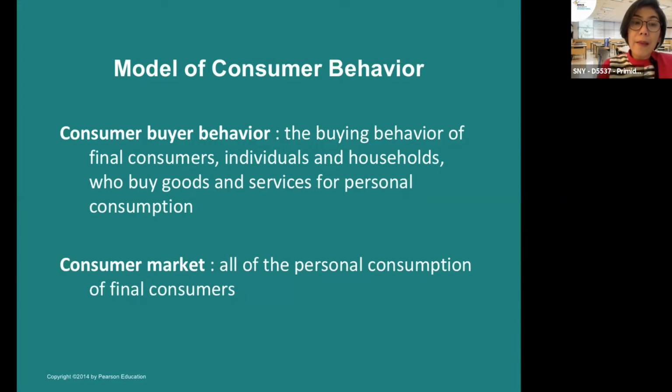And then there's another type of market, which is called the business market. Well, the business market is comprised of those who purchase products not for personal consumption, but to produce other products or to provide other services for the consumer market, for the end users.